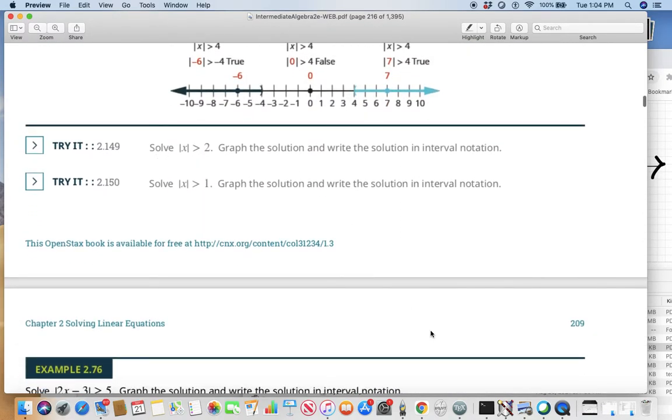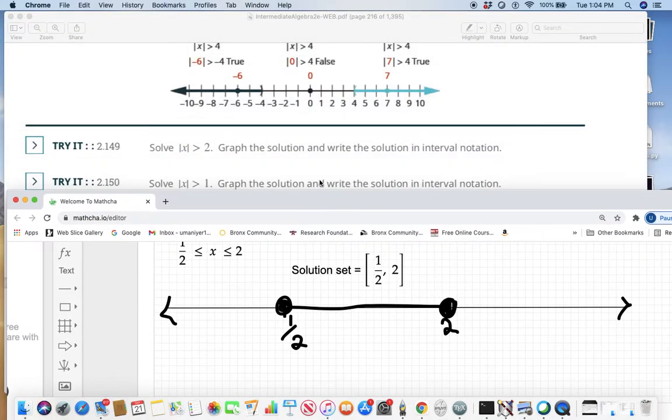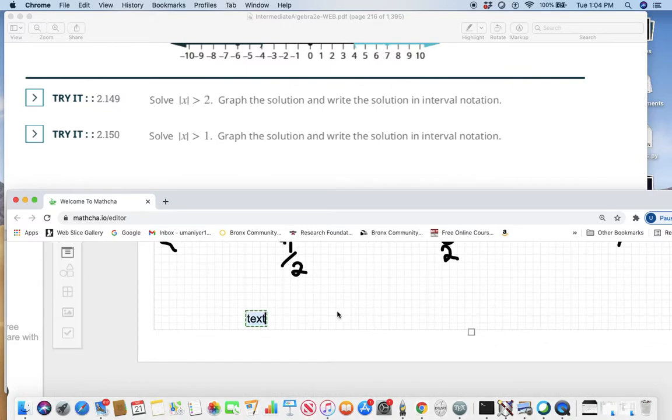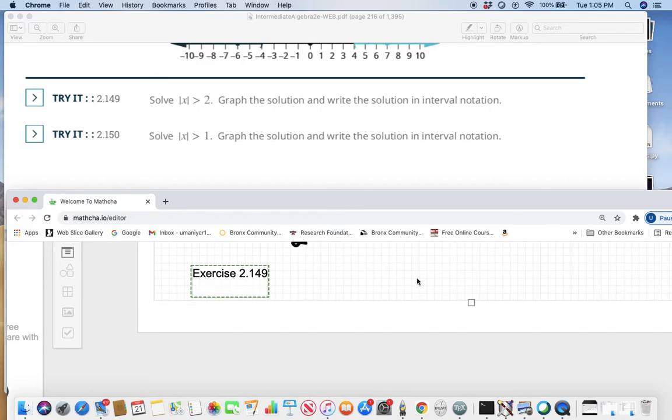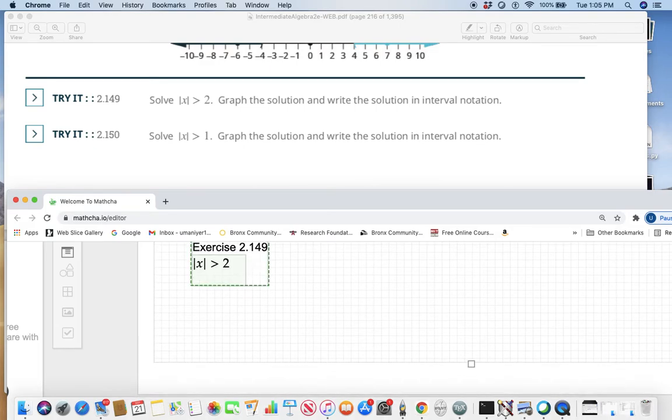Let's try a few ourselves. You're looking at absolute value x greater than 2. So this is exercise 2.149. The distance of x has to be more than 2 from 0. What does that mean?